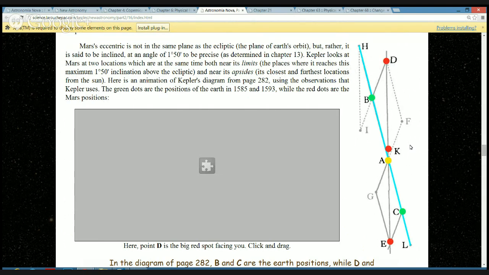But yeah, based on doing some simple trigonometry, A is the sun. He's able to calculate how far away from the sun D and E are: the aphelion, D, farthest from the sun, and perihelion, E, closest to the sun, of Mars. And then he can find that spot K right in the middle. And so he can measure AK, the real eccentricity.